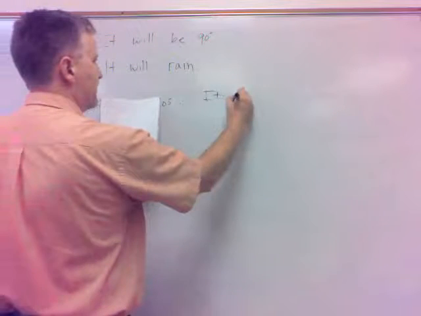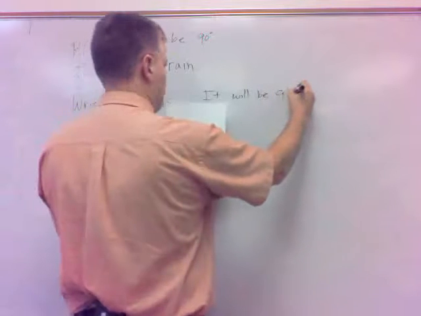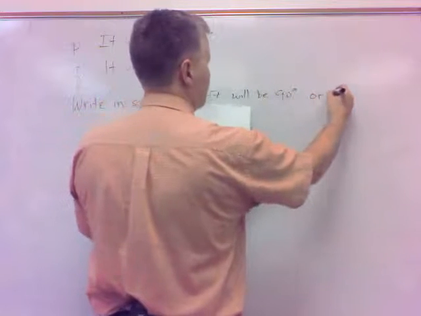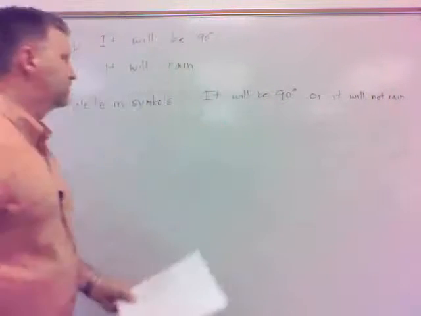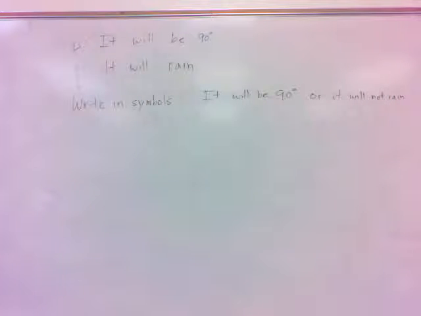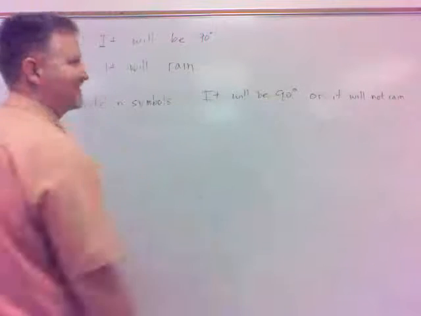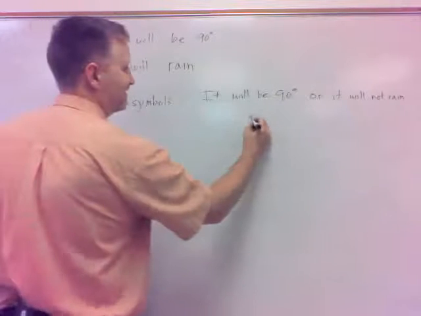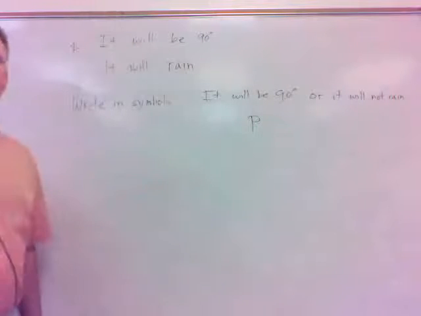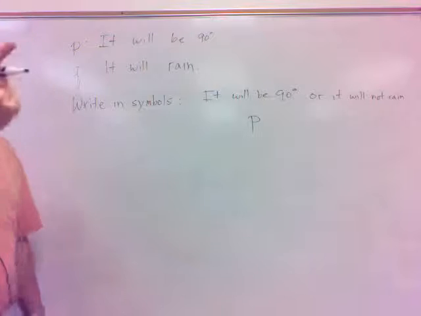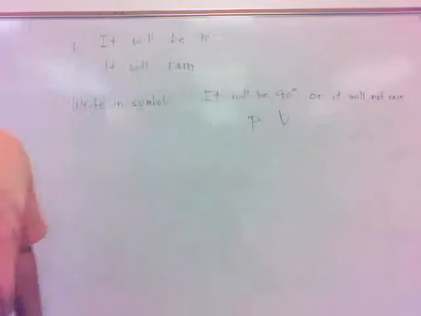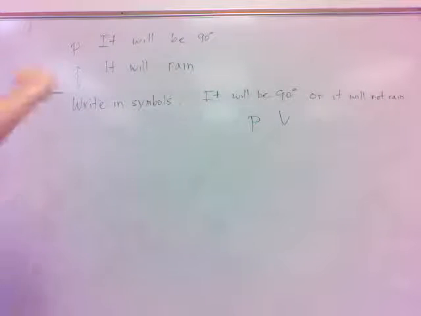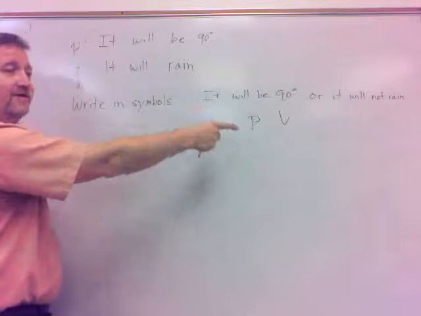It will be 90, or it will not rain. What would that be in symbols? Well, this is P. Or, what symbol is that one? Or is in logic, it's the V. And it will not rain would be, what would that be in symbols? Well, that's the opposite of the Q, isn't it? So what would I write? Squiggly Q.